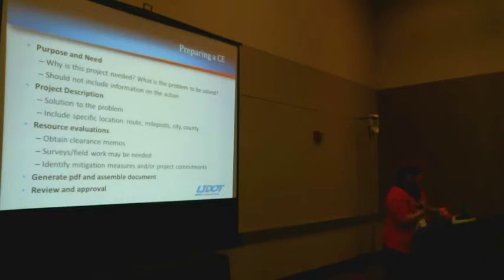Sometimes it's kind of a balance between getting too specific and tying yourself in, and then being too vague so that you're not exactly sure what the project is. But you can say things like, between approximately milepost 2 and 5. So you have a little bit of wiggle room.